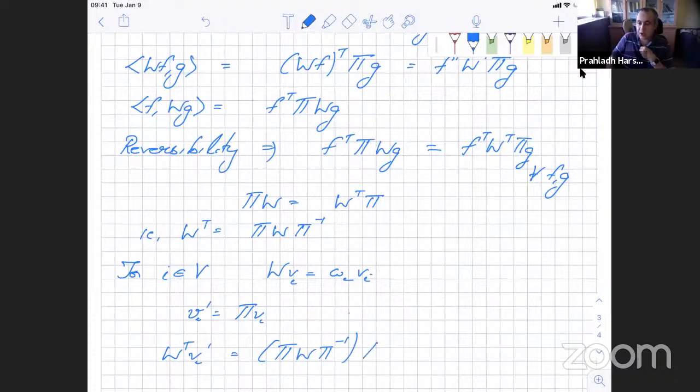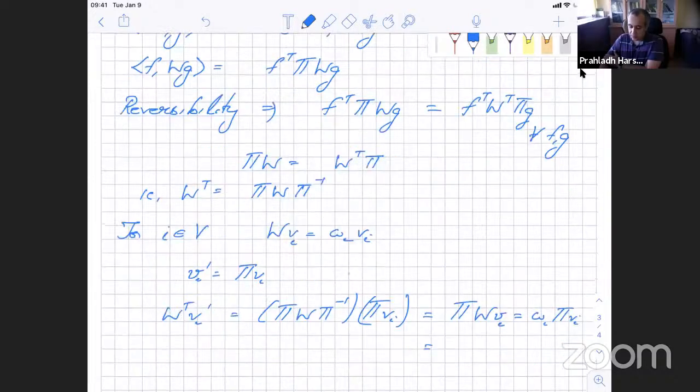Expanding both, W transpose was pi W pi inverse, this is pi v_i, pi inverse and pi get cancelled. You have pi of W v_i. W v_i I know is omega_i v_i. So this is just omega_i pi v_i, which is just omega_i v_i prime.